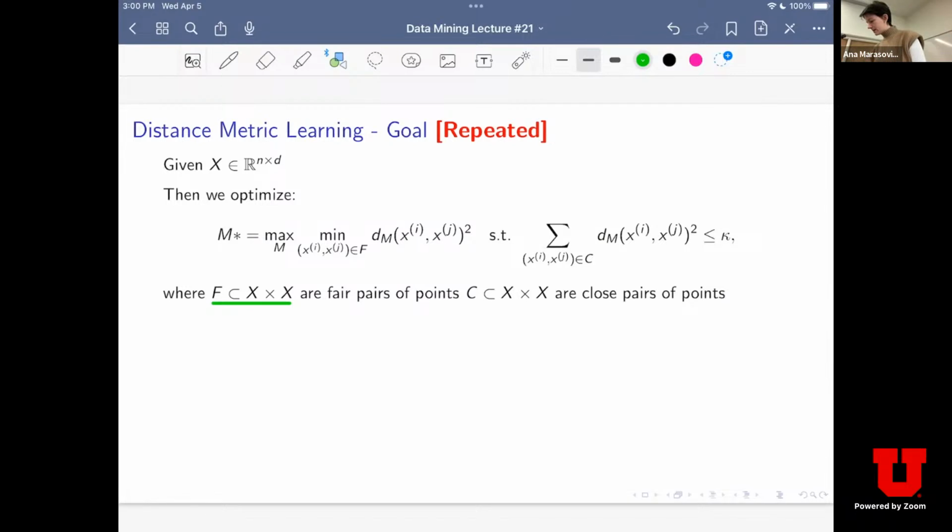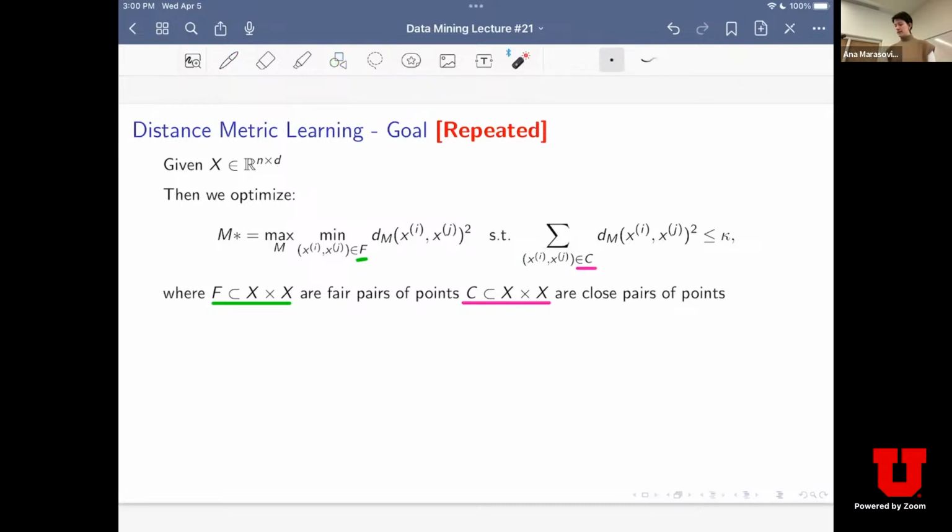So we have F here. And then we have, on the other hand, close points. So we have C to be a set of pairs of points from X that are close to each other. And we used it in the constraint.